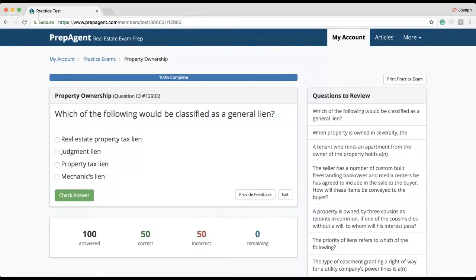Which of the following would be classified as a general lien? A, real estate property tax lien. B, judgment lien. C, property tax lien. Or D, mechanics lien.